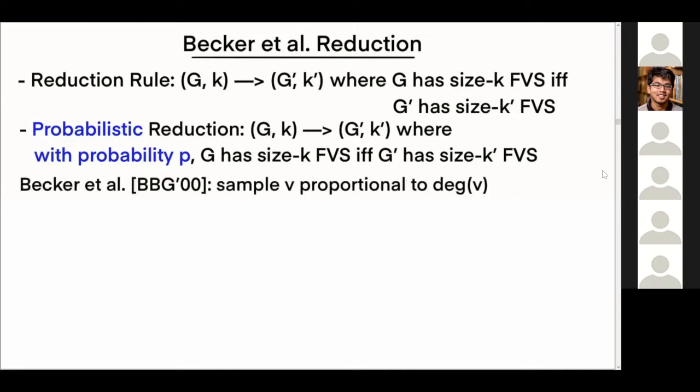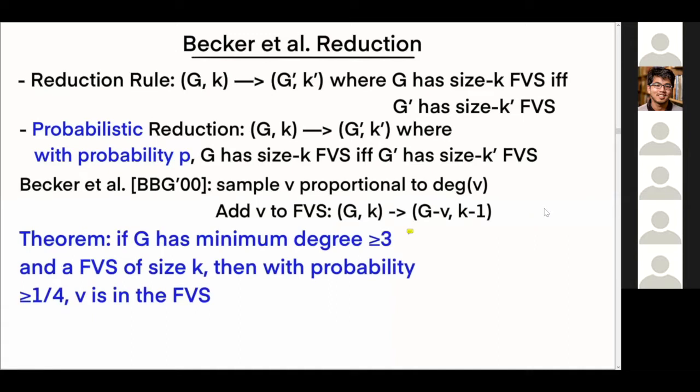Okay. So Becker's algorithm is very simple. Again, assume that the graph has no self loops and min degree 3. Then they simply sample a vertex V proportional to the degree of V, and they greedily add V to the FES. So they have this reduction rule from G comma K to G minus V comma K minus 1.